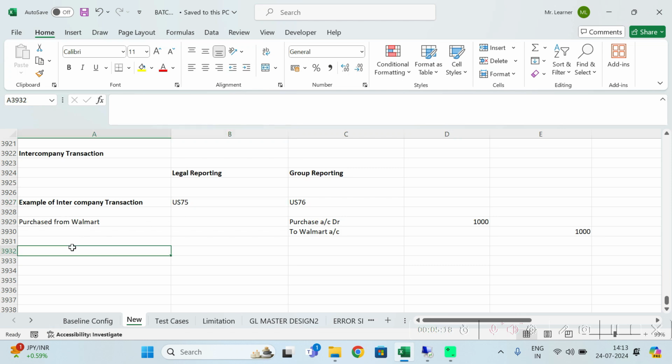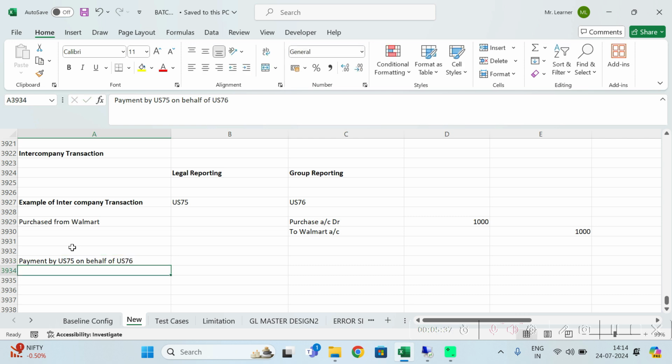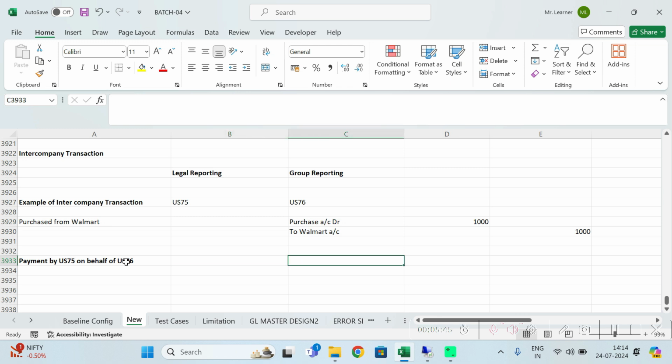Okay. Now here, payment entry: payment by US 75 on behalf of US 76. So what entry will happen? Observe it very carefully.